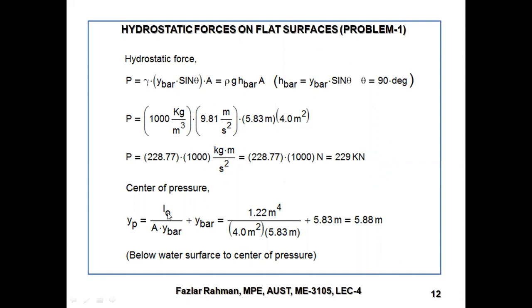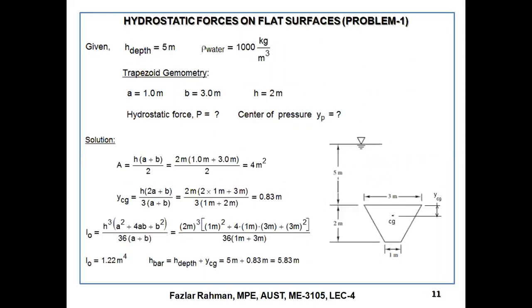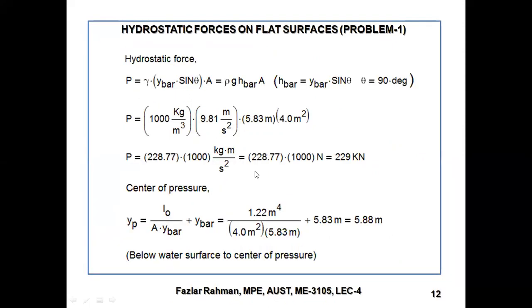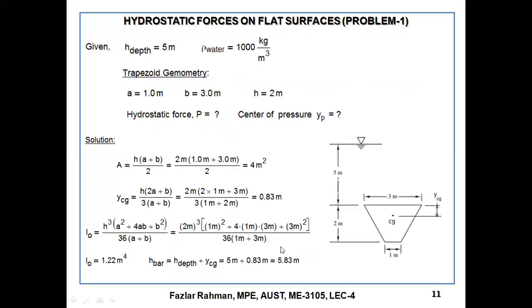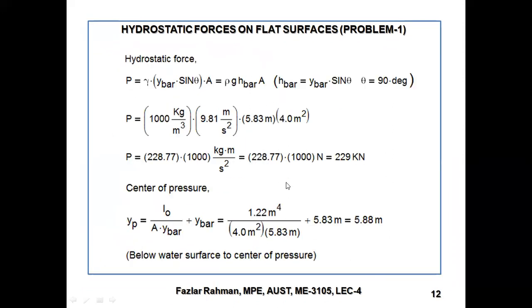Center of pressure. This is the formula. Y naught, I naught, that means moment of inertia with respect to CG of the structure, that we got 1.22 meter to the power 4, divided by the area you already got, then Y bar. This Y bar again, we got 5.83 from the top surface of the water.